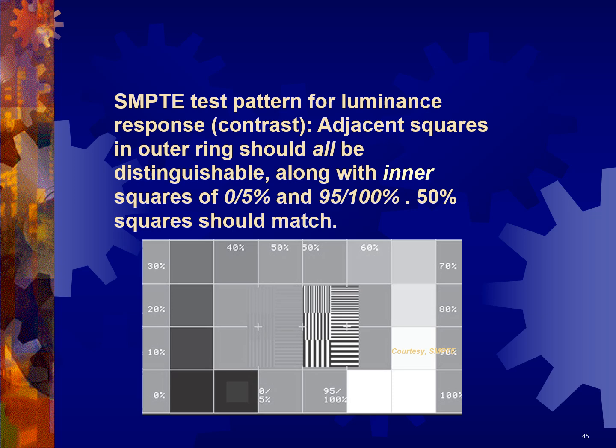So it should be a regular step in luminance measure when you measure the luminance response. It should be a regular increase in luminance of the same magnitude each time until you get to the 100% bright white. Okay.